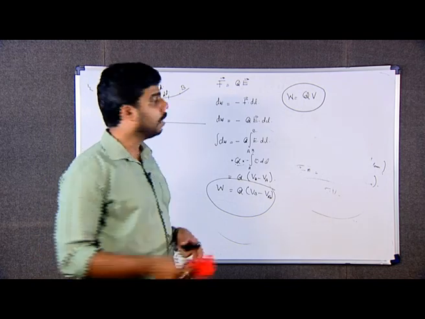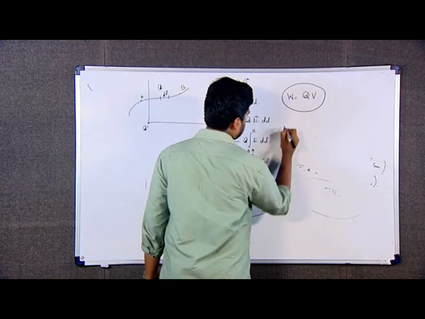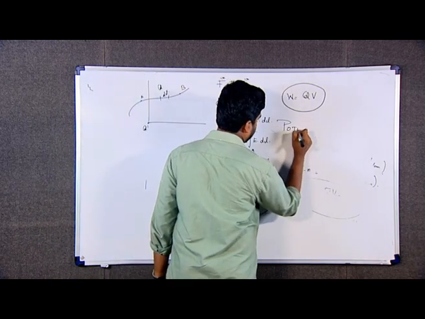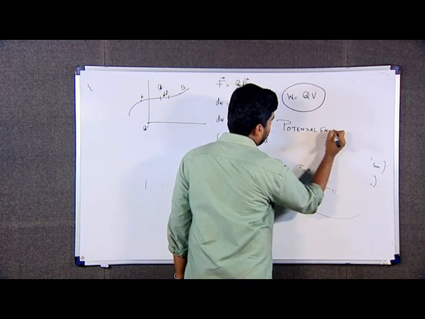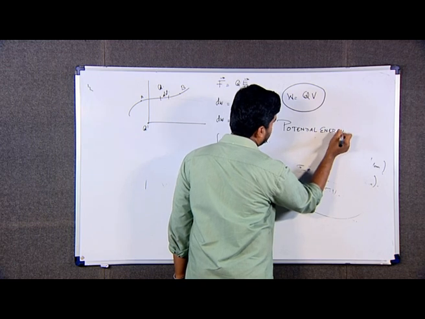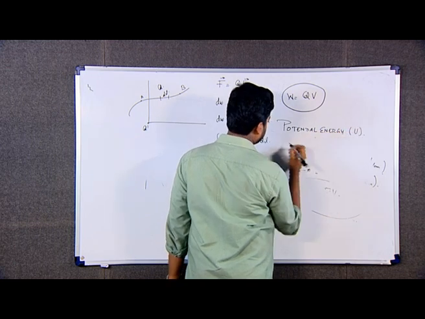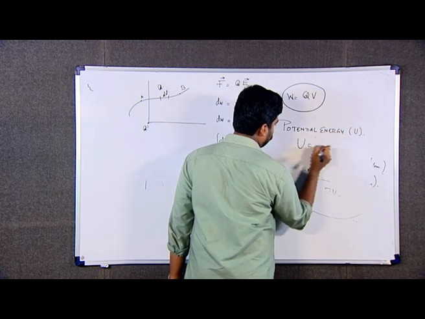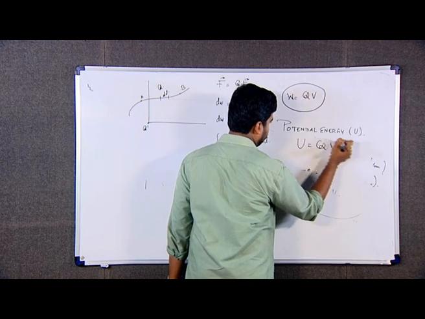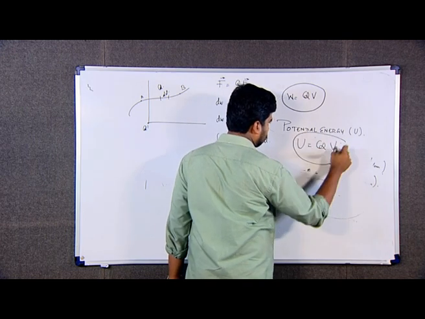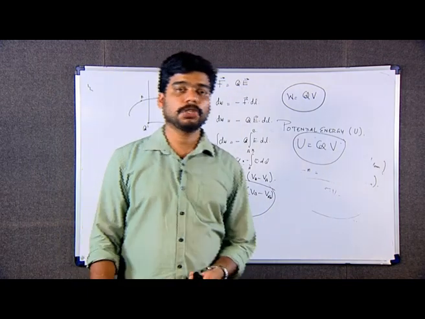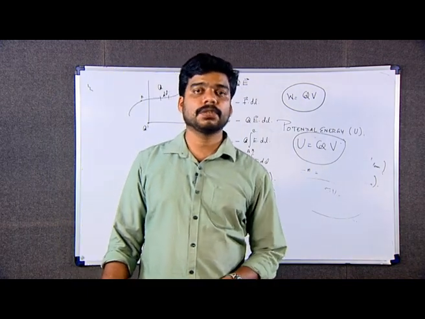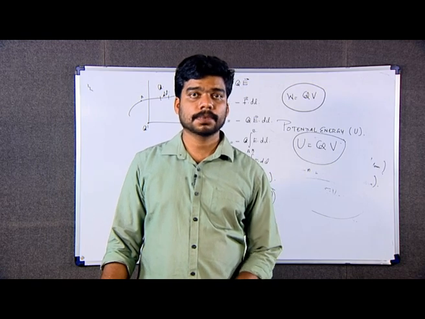And this work done, we will now call the potential energy, and it is represented by the letter U. So, U is equal to Q into V. This is the expression for the potential energy, and its SI unit is joule.